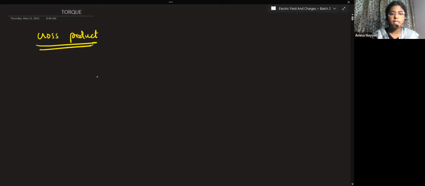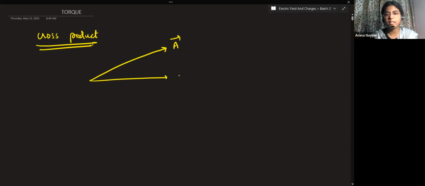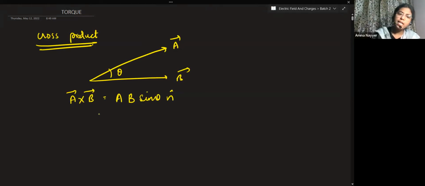If there are two vectors, vector A and vector B, making an angle of theta, then A cross B, the cross product of A and B, is given by magnitude of A multiplied by magnitude of B sine theta and unit vector n cap, which shows the direction. And the direction of A cross B is perpendicular to both vector A and vector B.